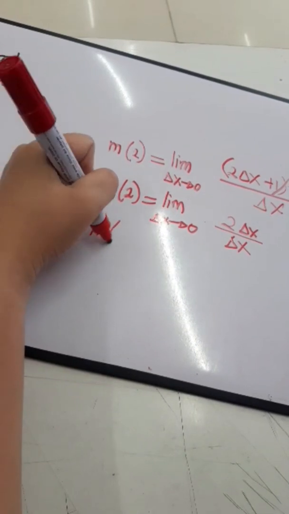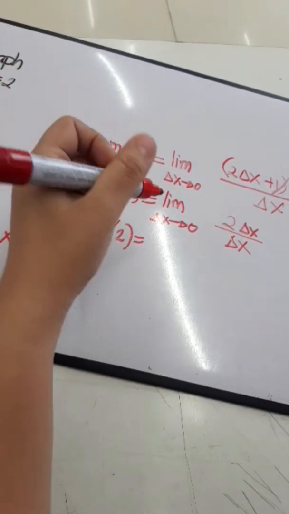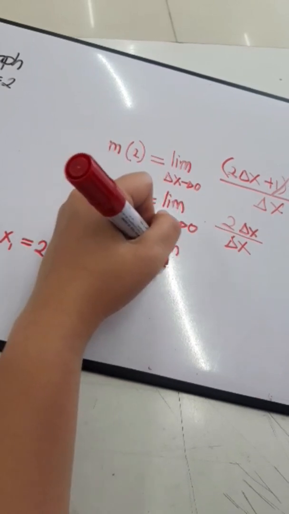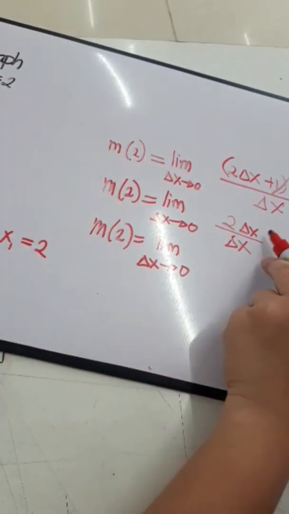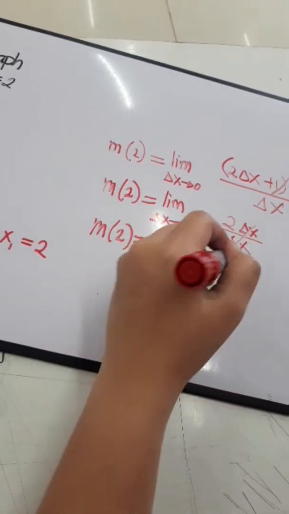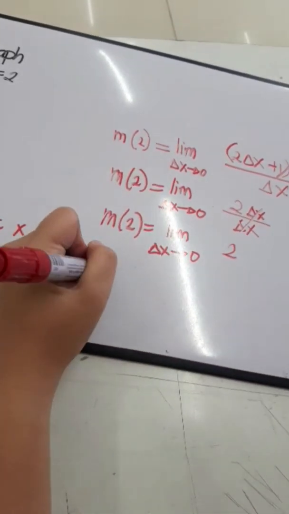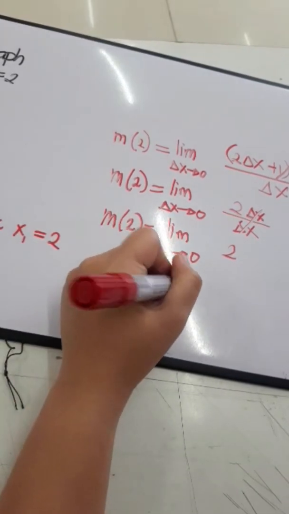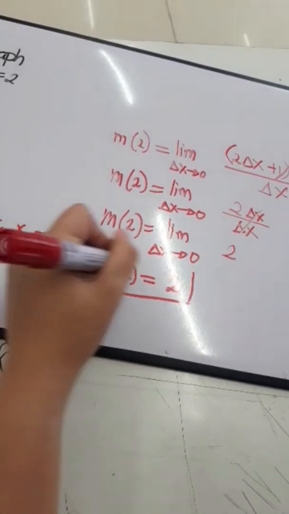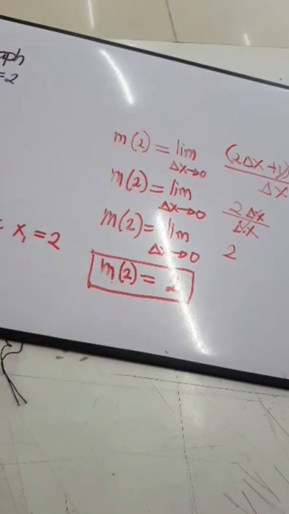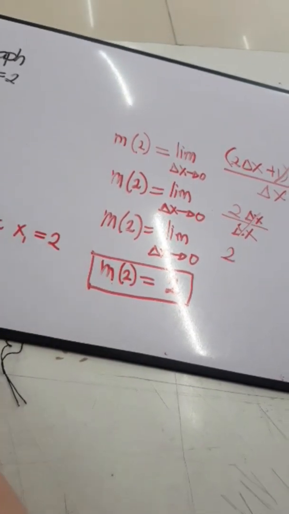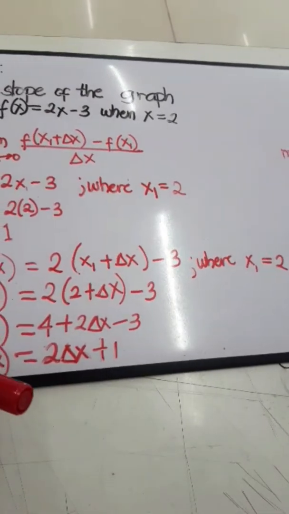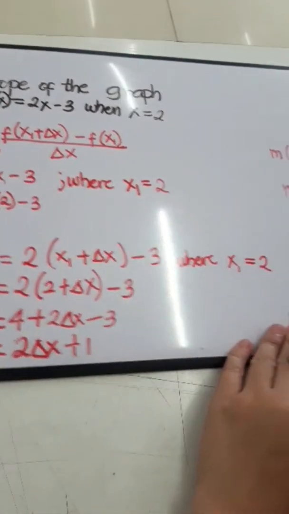As delta x approaches 0, delta x over delta x is 1, so the result is 2. Therefore, the slope when x is equal to 2 is 2. Okay? So the answer of this example is 2.